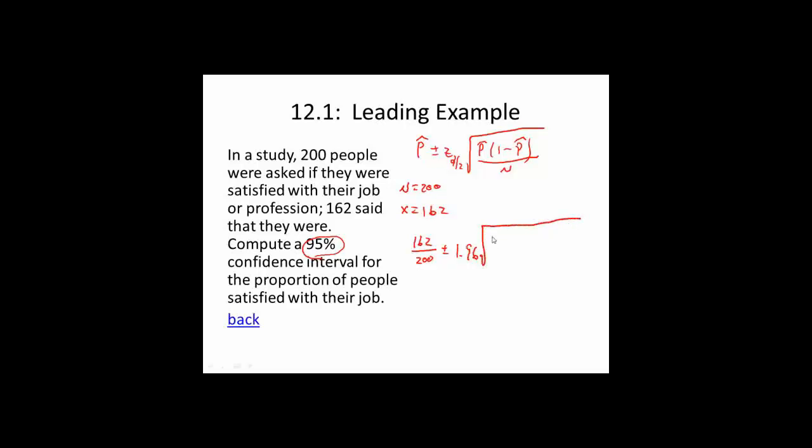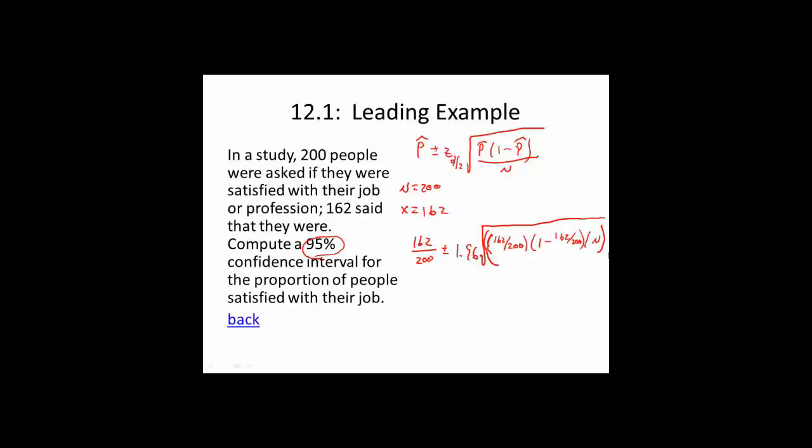So then we go 162 divided by 200 times 1 minus 162 divided by 200. And I think I'm just going to write it this way, divided by n. And I'm going to put a bracket here, and I'm going to put a bracket here.